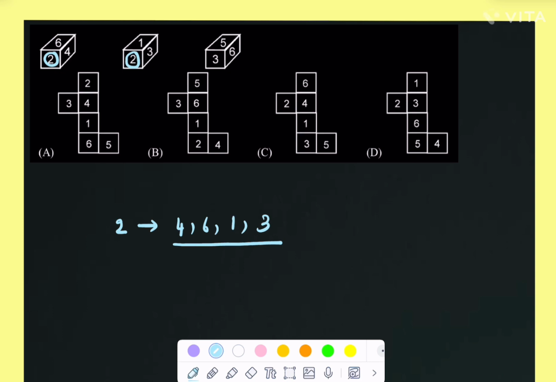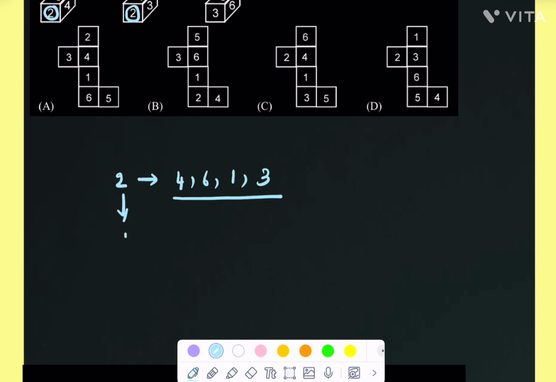Adjacent faces to 2 are 4, 6, 1, 3, and the opposite value automatically, so the opposite number of 2 is 5. Here the opposite number of 2 is given as 1, so it is not the correct option.